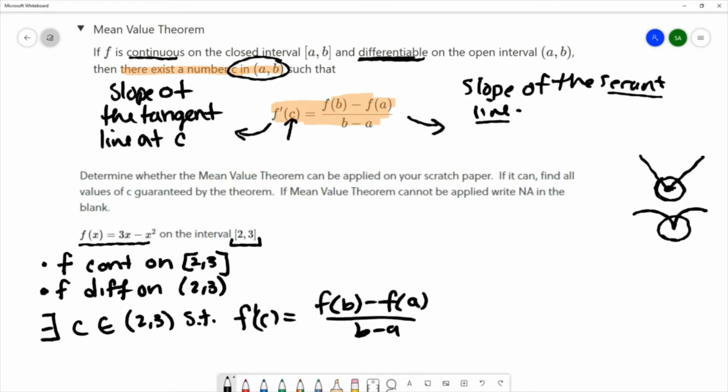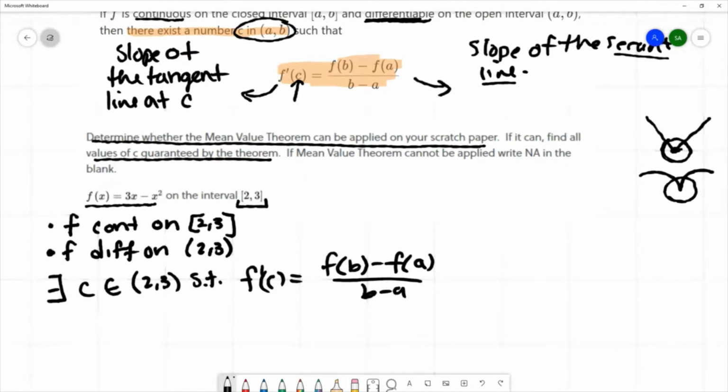So we have determined that this theorem can be applied, and then we want to find the value of c guaranteed by this theorem. To find the value of c, we need to calculate this right-hand side of the statement. Then we'll calculate the derivative of the function, create an equation, and solve for that value of c.